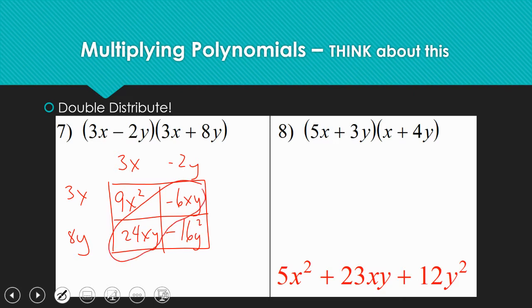Again, look at my diagonal. Those are like terms. So we have 9x squared, 24 minus 6 is 18xy, minus 16y squared. You do this one either doing the distributive method or make a box and get your answer to match up with that answer. You have to show your work to your teacher.